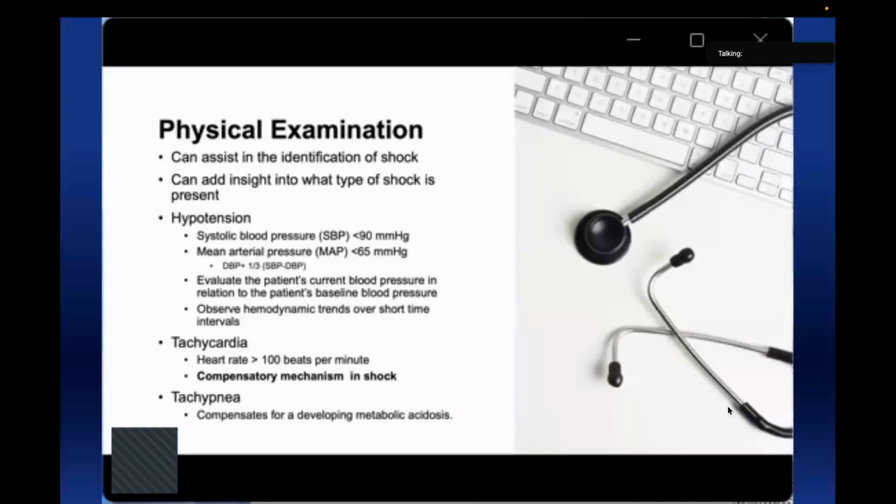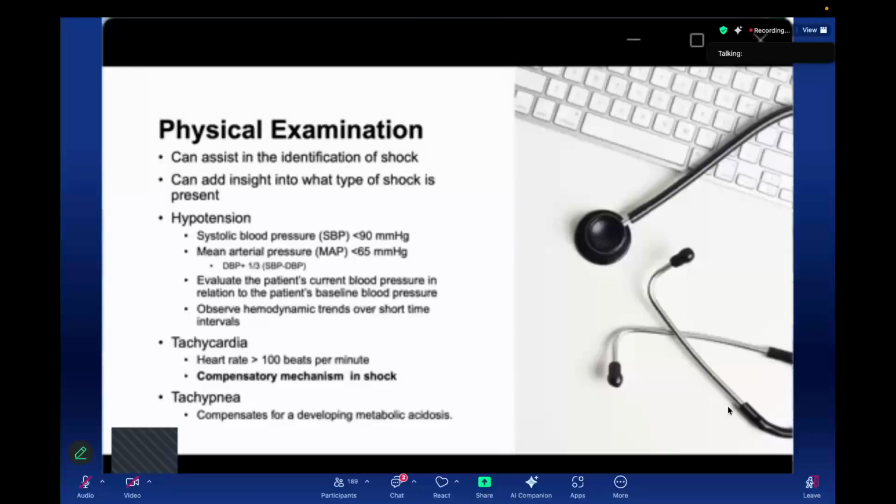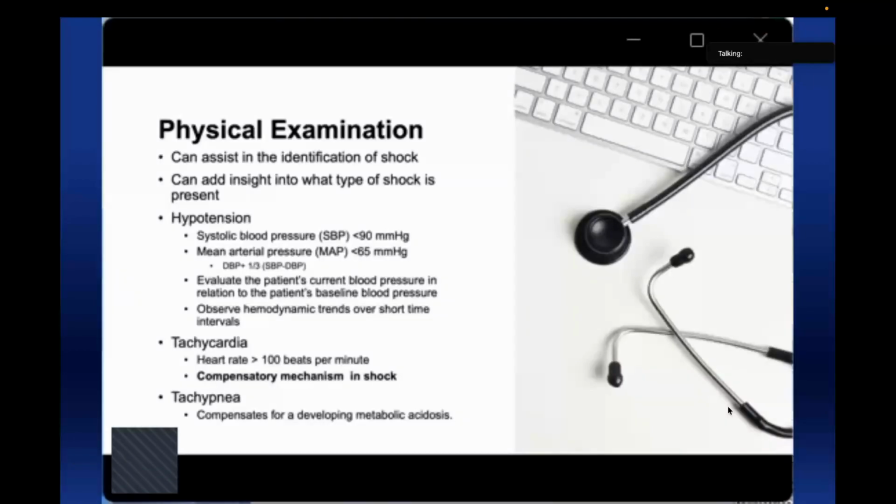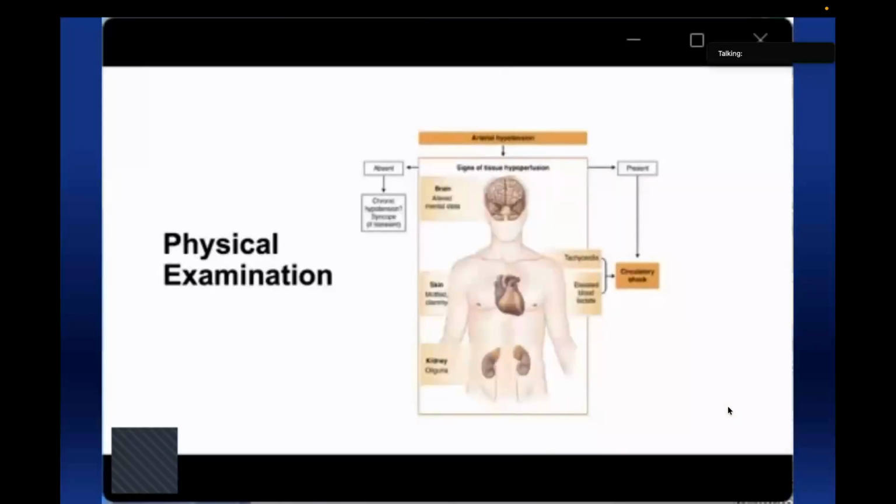You know that's a relative hypotension in relation to the normal blood pressure of your patient. That's why it's very important that you get the normal or usual blood pressure of your patient, and observe hemodynamic trends over short time intervals. Your patient may have tachycardia and tachypnea.